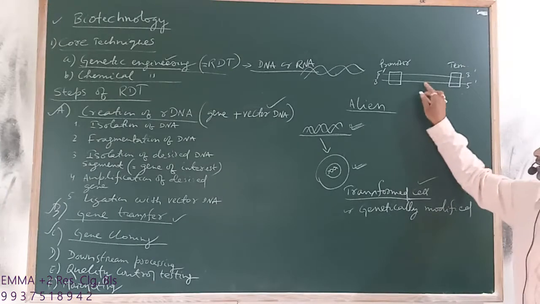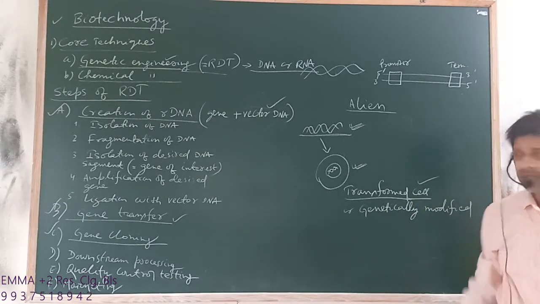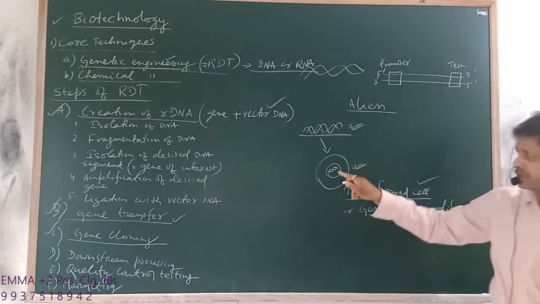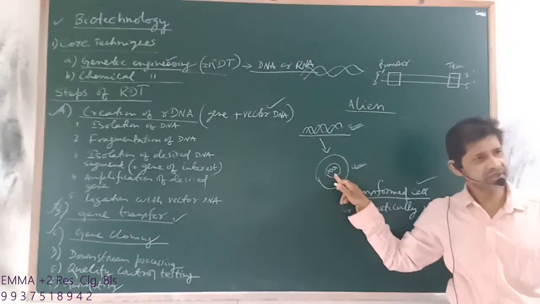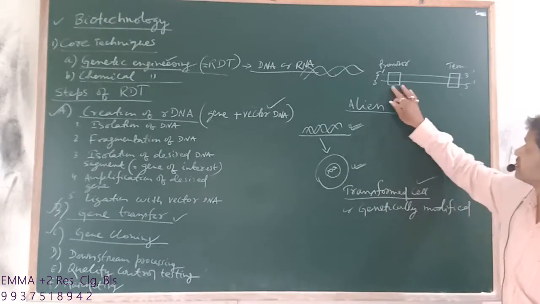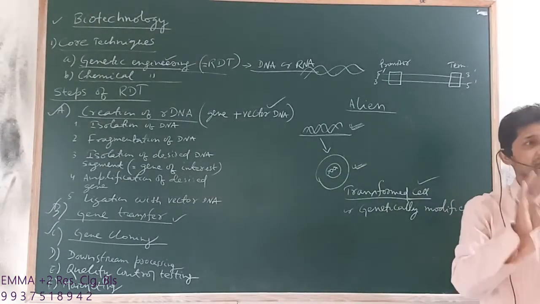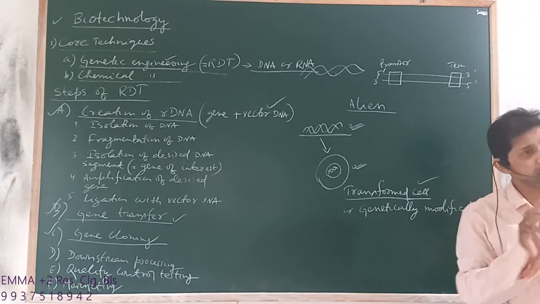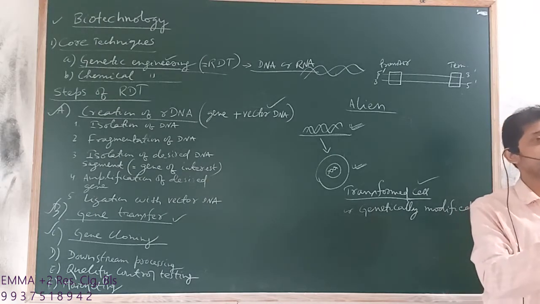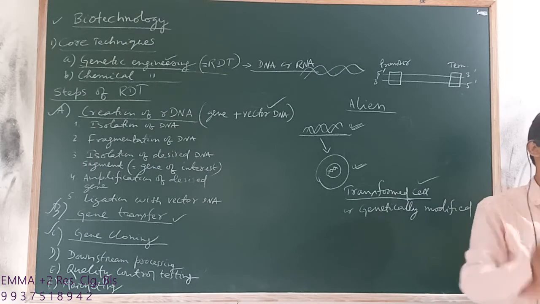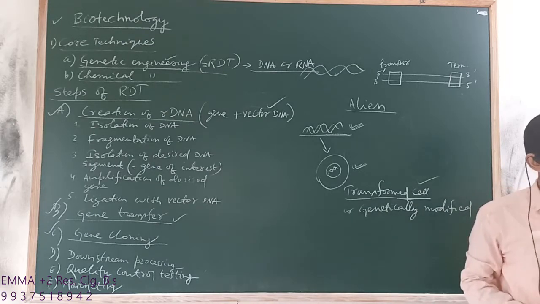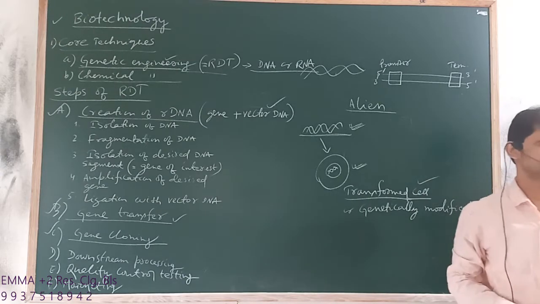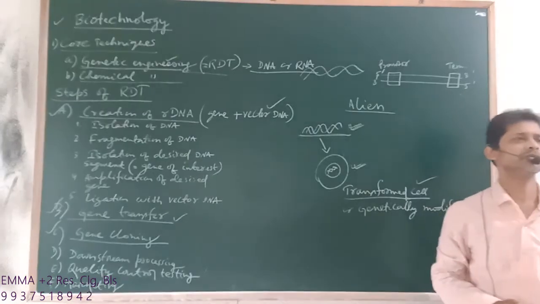Only one strand will express, and this DNA, when introduced into a cell, cannot undergo replication. From molecular biology, you know, replication begins from a site called origin of replication or ori site. So this gene does not have any ori site. That is the problem.